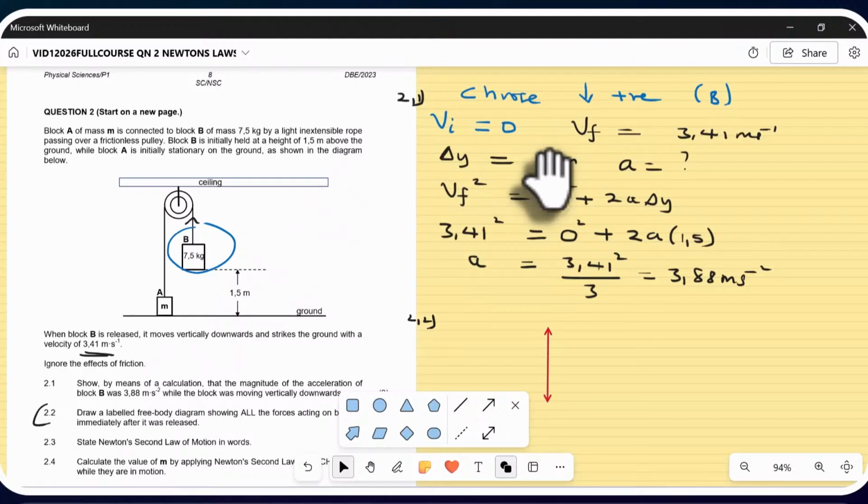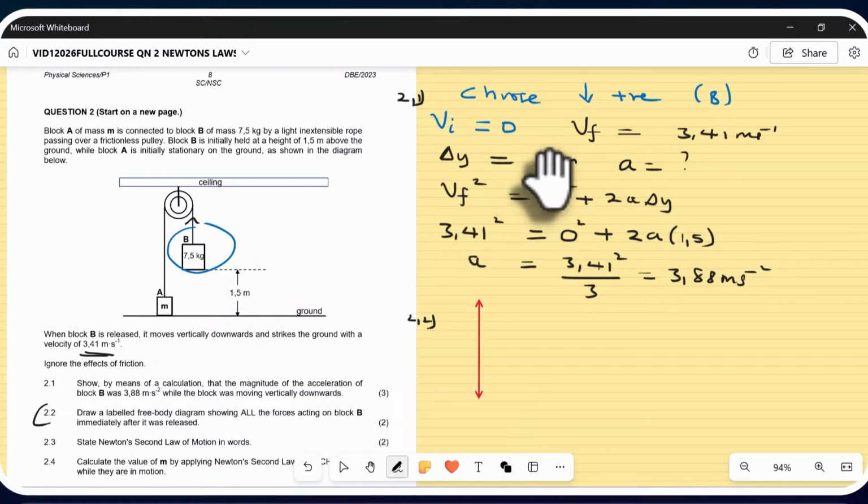So in this case, because it's going downwards, I'm going to put my free body somewhere here, because of Fg, the force of gravity, and then it's opposed by the tension, the strain. That's our 2.2.